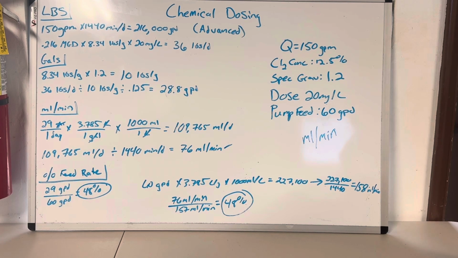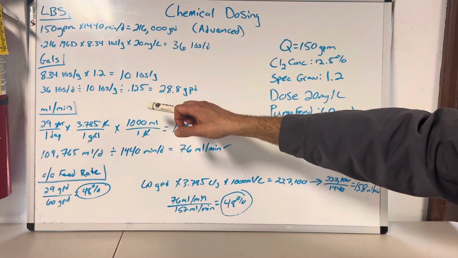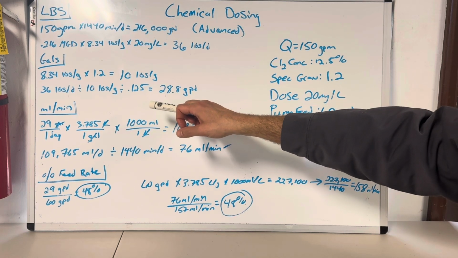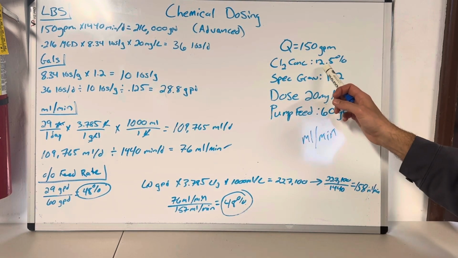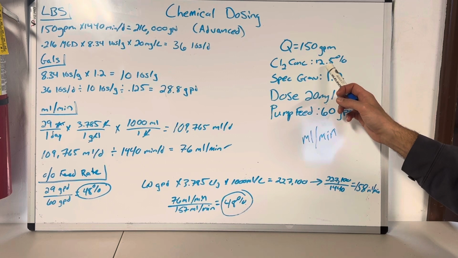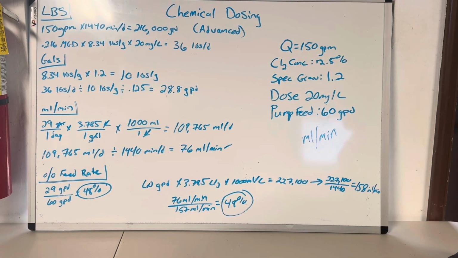So to find the pounds per gallon, we multiply 8.34 times 1.2, and that comes out to right at 10 pounds per gallon. So to find gallons per day, we take 36 pounds per day and divide it by 10 pounds per gallon of sodium hypochlorite, and then again divide by 0.125, which is the decimal version of 12.5%, and that gives us 28.8 gallons per day.